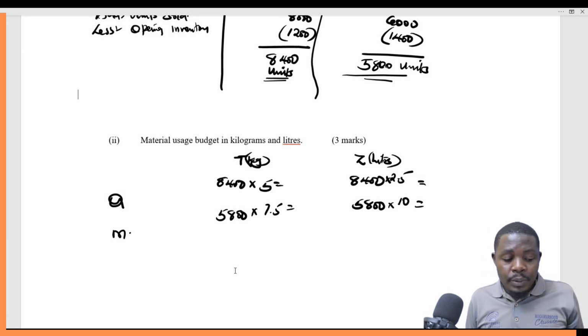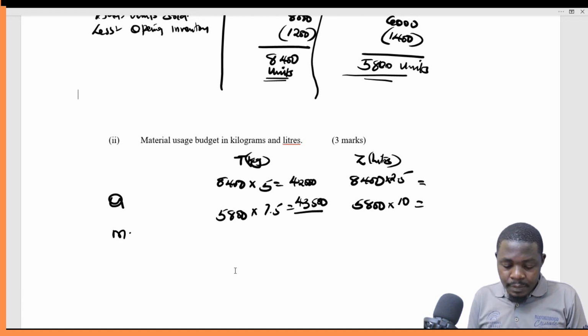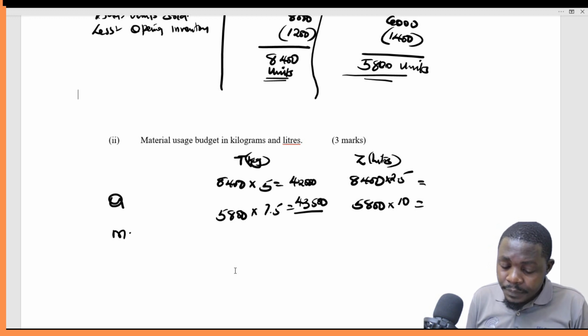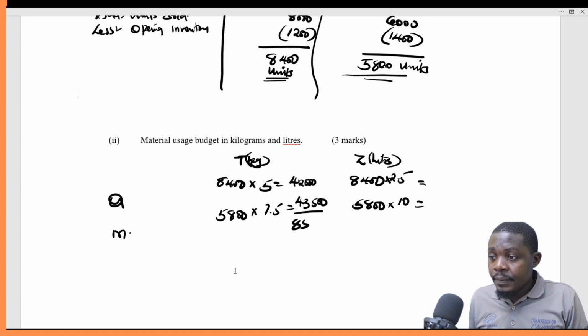We can multiply to see what we get. That is 8,400 multiplied by 5, which is 42,000, and then 5,800 multiplied by 7.5, which is 43,500. When we add, we get 85,500 kgs.